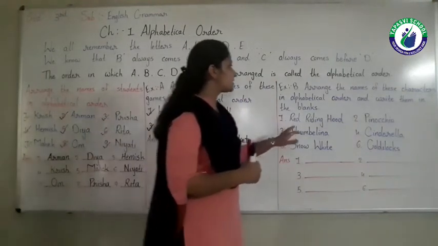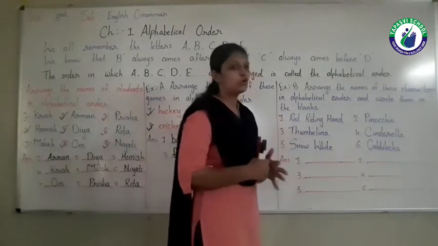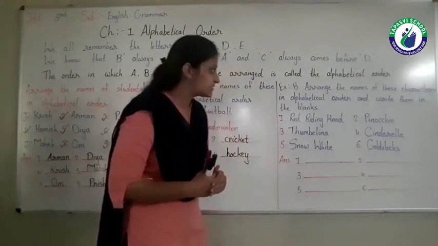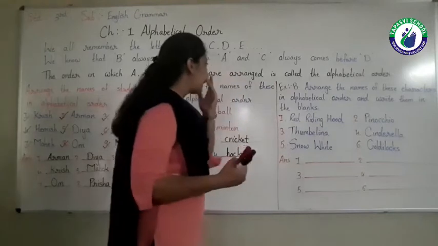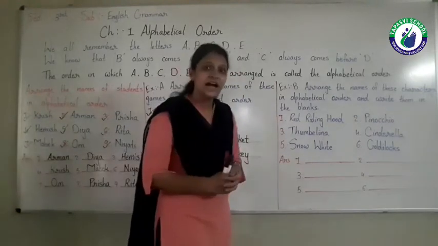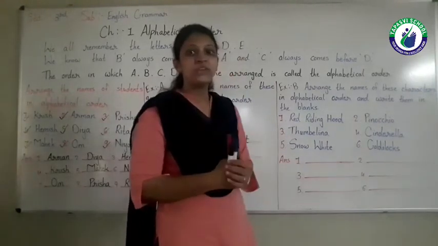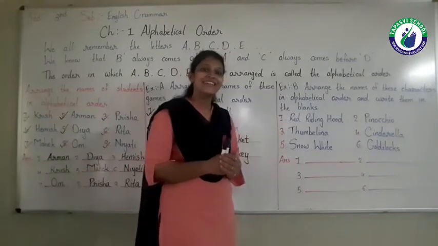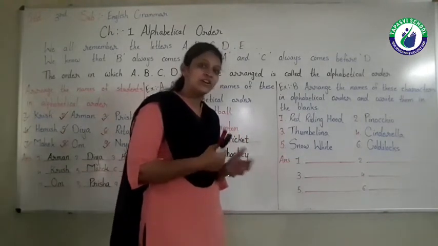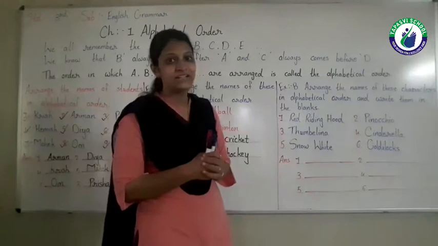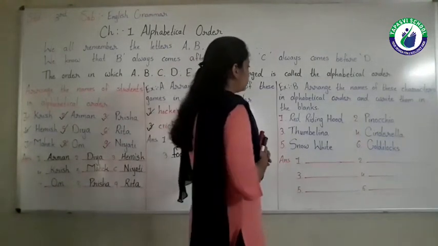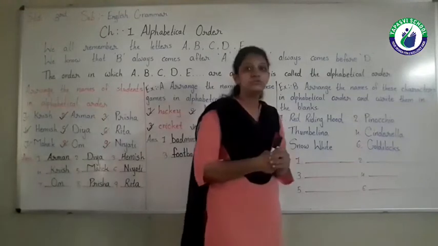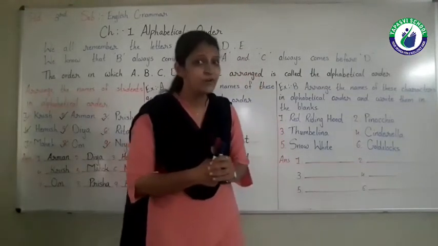Here it is given names of characters. यहाँ पे characters के name दिए हैं, which is not given in alphabetical order. So we have to arrange in alphabetical order. हमें इसको alphabetical order में arrange करना है. So we have to speak alphabet.